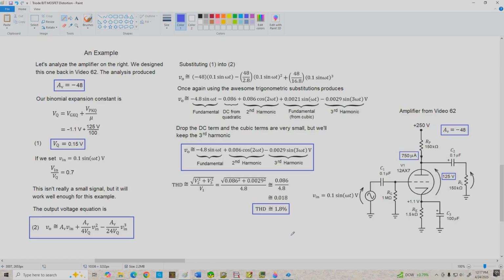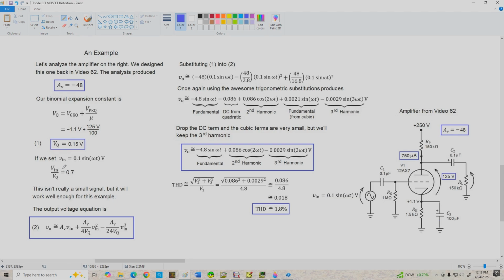Over here on the right, we've got the circuit we used back in video 62. We set it up for a Q point of 750 microamps, VPKQ of 125 volts, using a 12AX7, and we get a voltage gain of negative 48. So if we plug the numbers into our equations we just derived on the previous page, we get a VQ value of about 0.15 volts, and setting V in to 0.1 sine omega t, we've got a 0.1 volt amplitude.